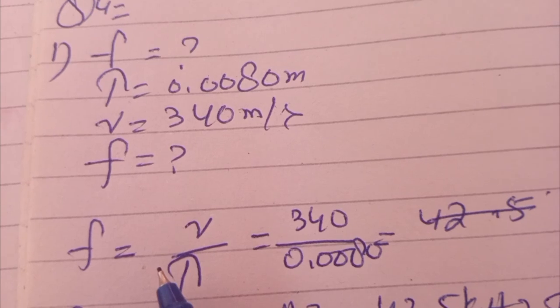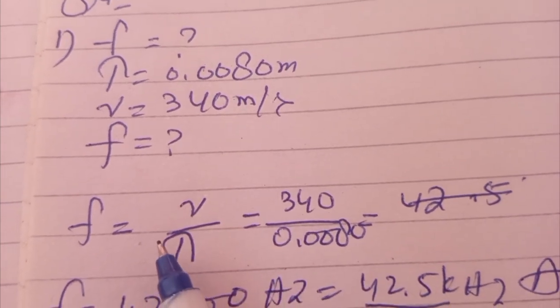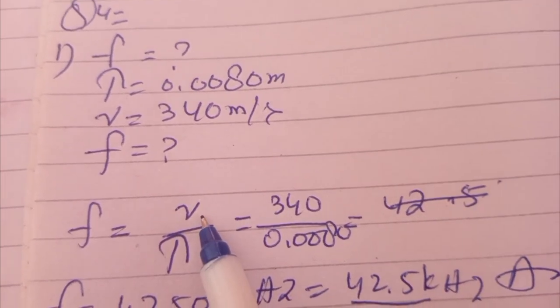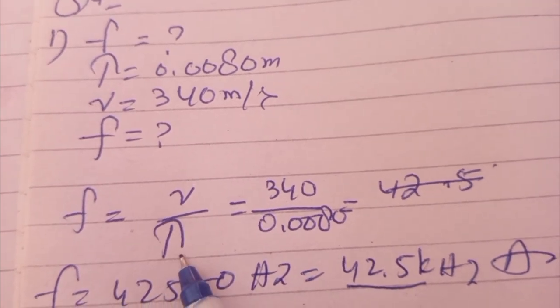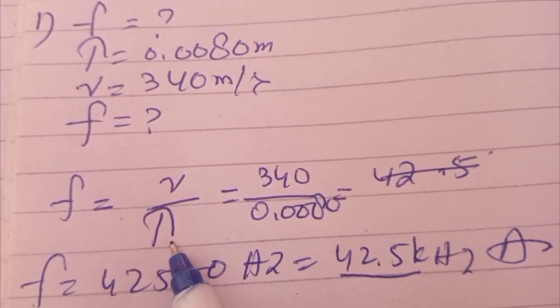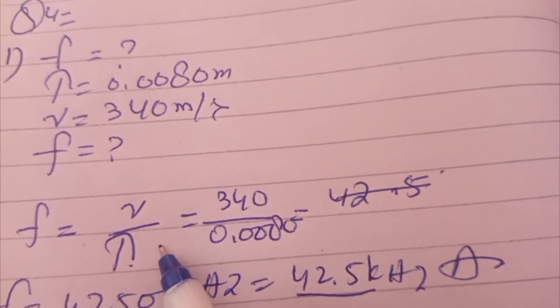Formula of frequency is f equals the speed of the sound divided by the wavelength, the distance between two waves.